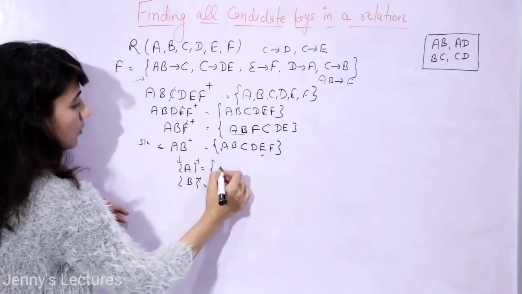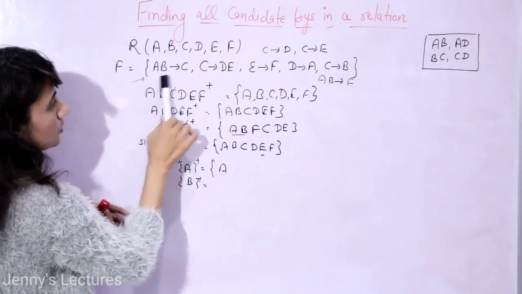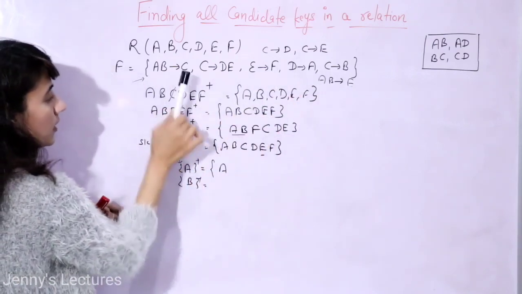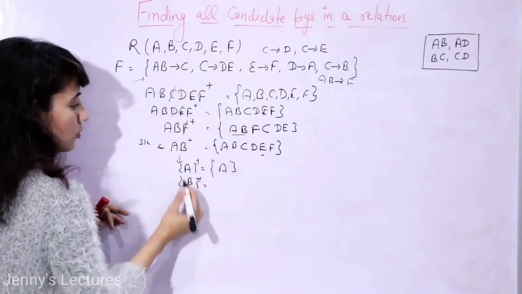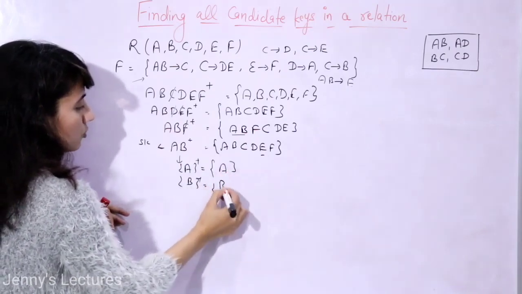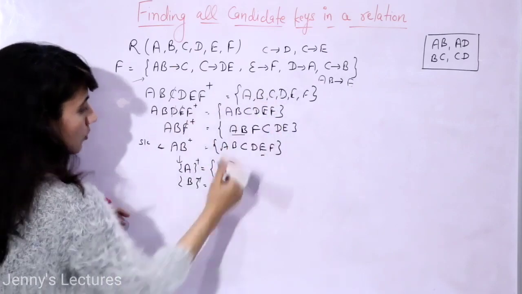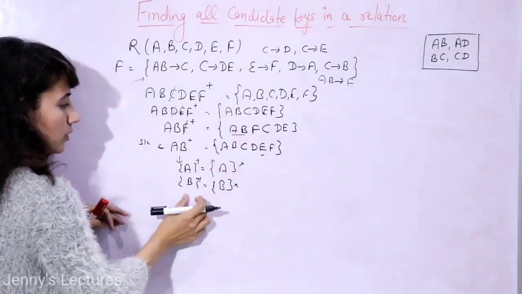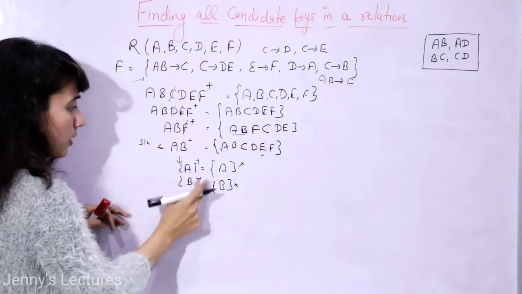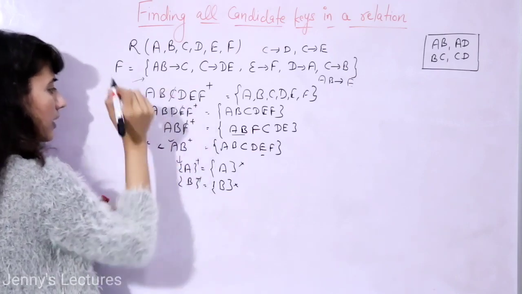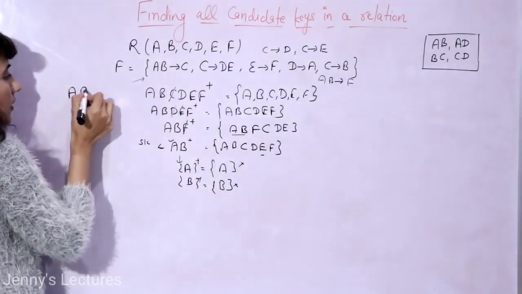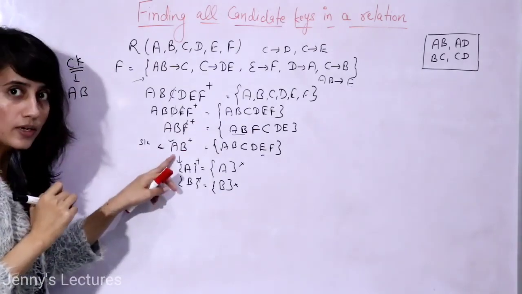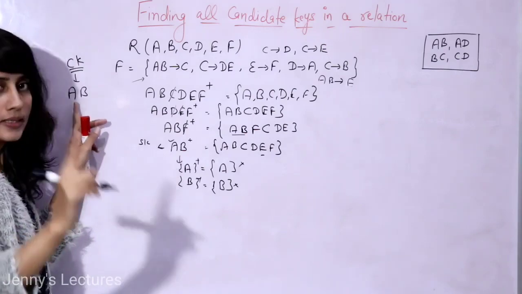Attribute closure of A will definitely contain A. Now see, A is determining nothing because both A, B are determining C, but I have only A. So attribute closure of A is A. Attribute closure of B is only B, right? So this is not a super key, this is not a super key. So no proper subset of AB is a super key. So that is why I can say that AB is a candidate key, definitely, right? Now we got one candidate key.